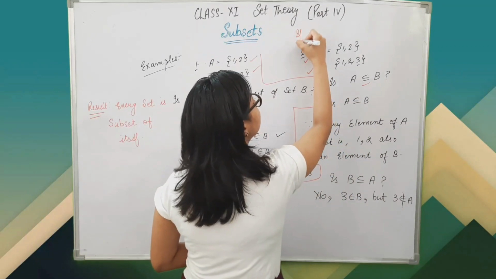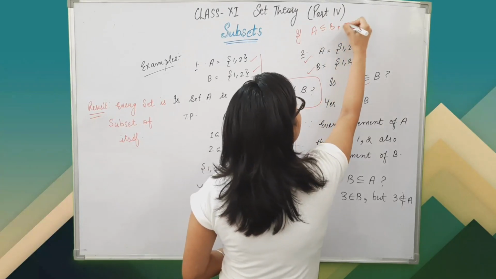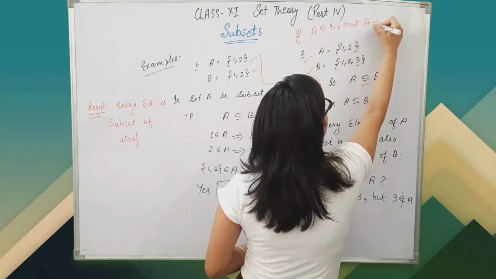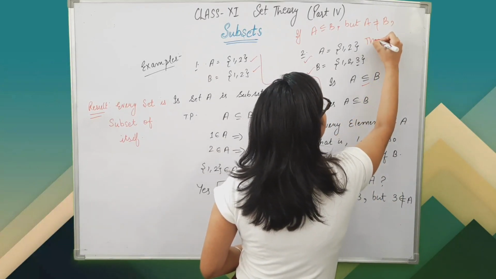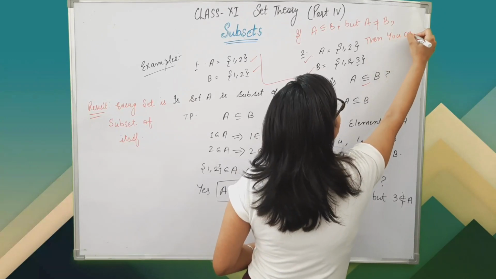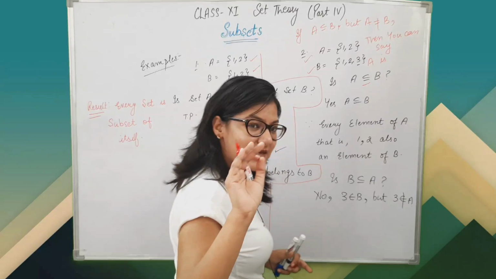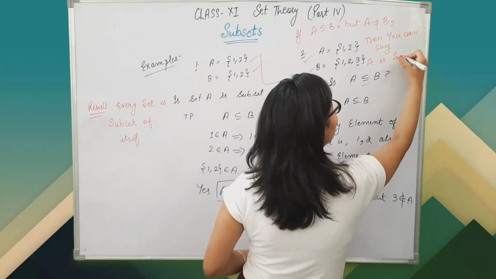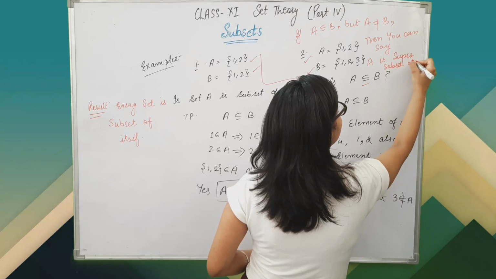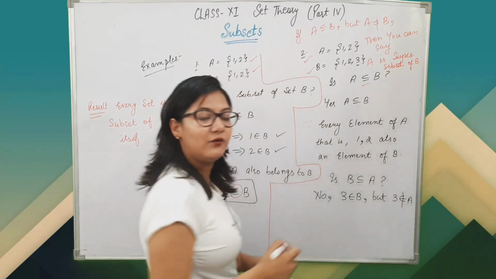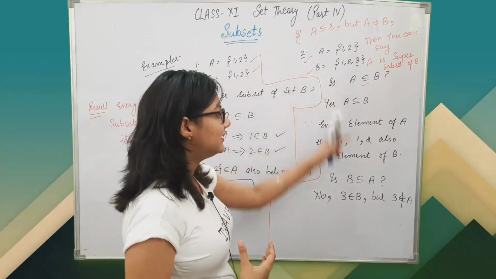So if A is a subset of B but A is not equal to B, then you can say A is not only a subset, it is a proper subset of B. So you understood what is unique about this example.